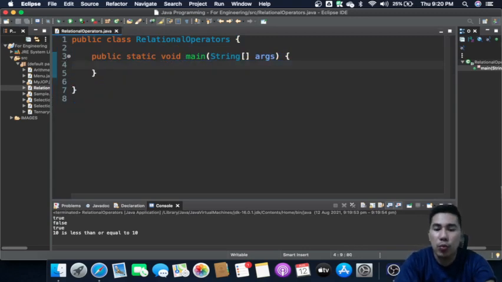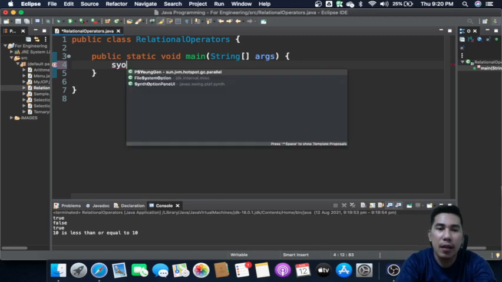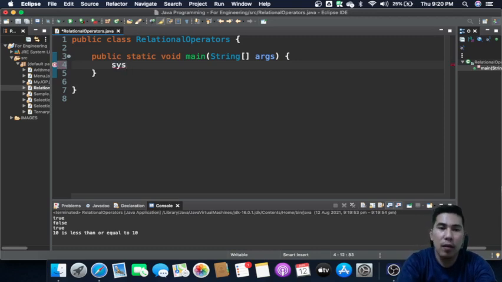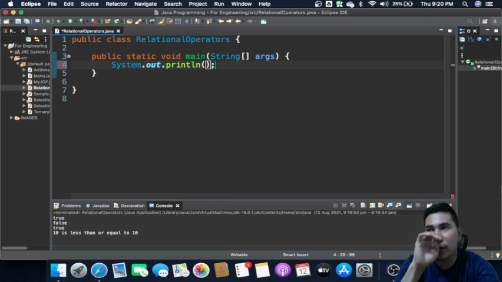Okay, another thing is, let's say for an instance, we have compound expressions or multiple expressions.